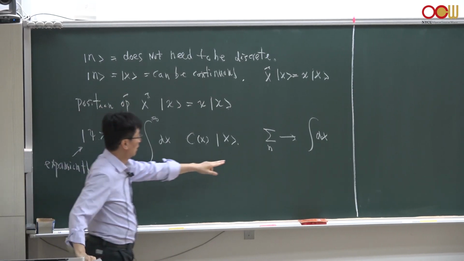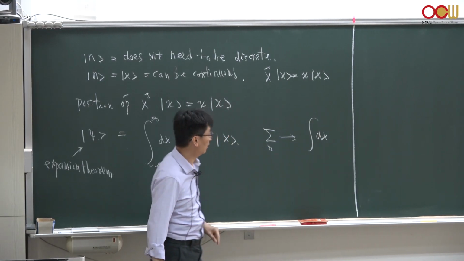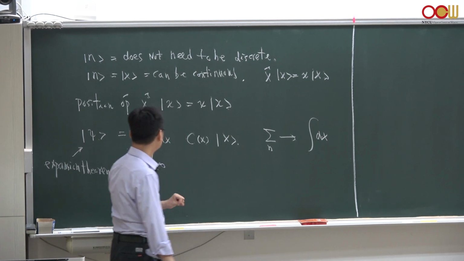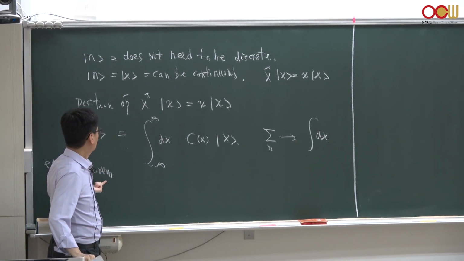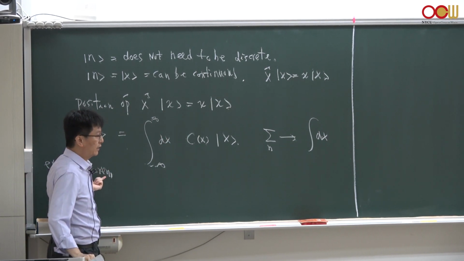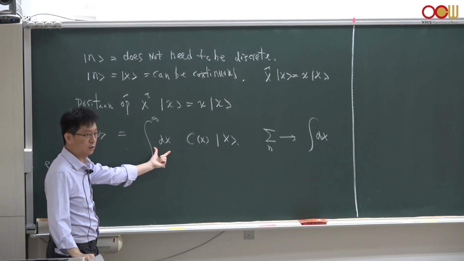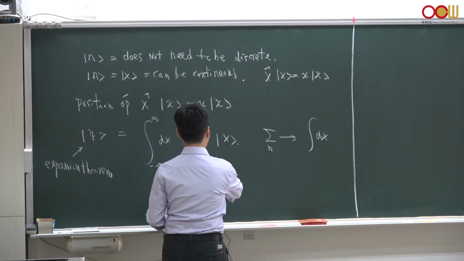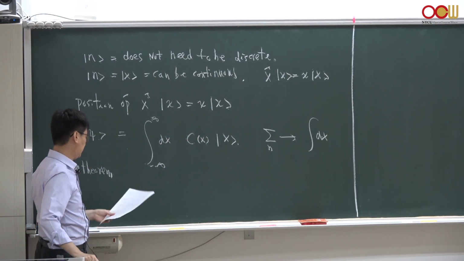So the sum over n that I wrote down earlier becomes this integral over dx. The expansion theorem in the continuous eigenbasis is written as the integral over dx with the coefficient c of x times this Dirac state x.